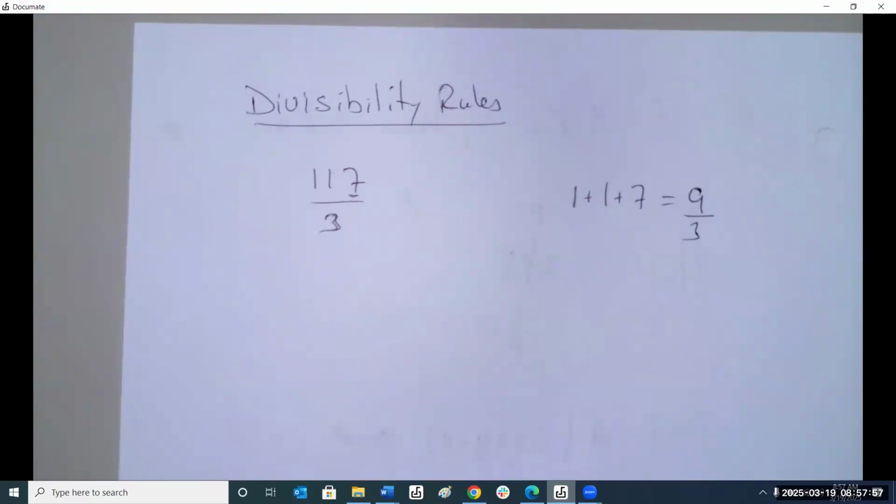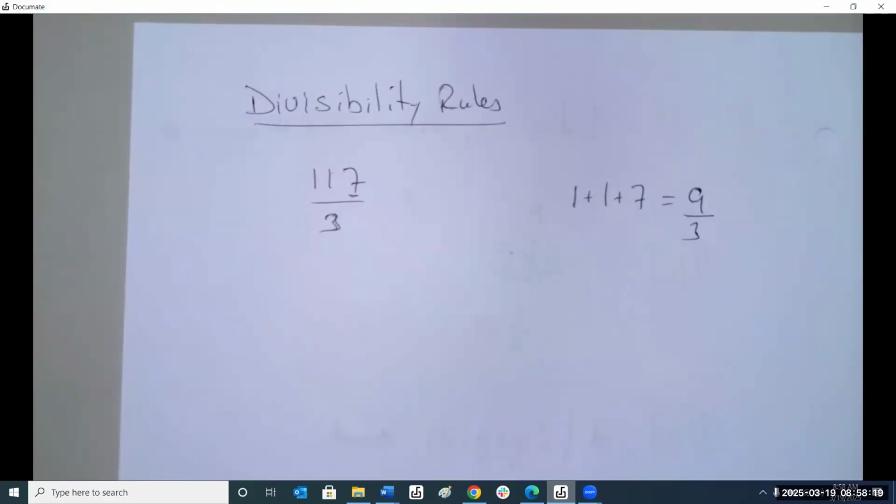Is it divisible by 4? Why not? Not even. What is the rule for divisibility by 4? It has to be divisible by 2. Then that's true. You're not done yet. 4 is made up of what? 2 times 2.